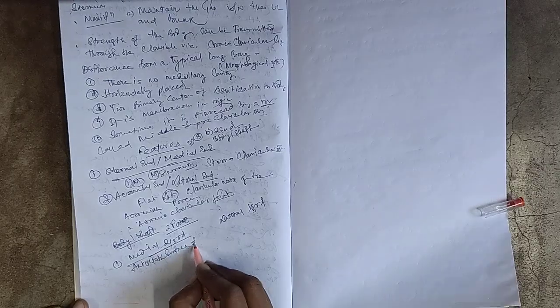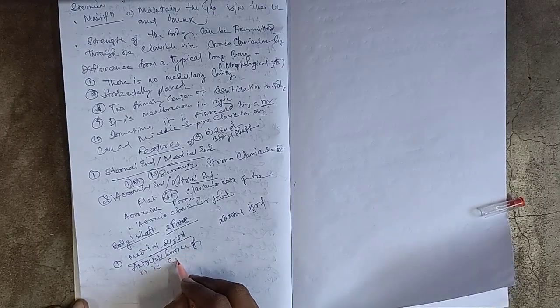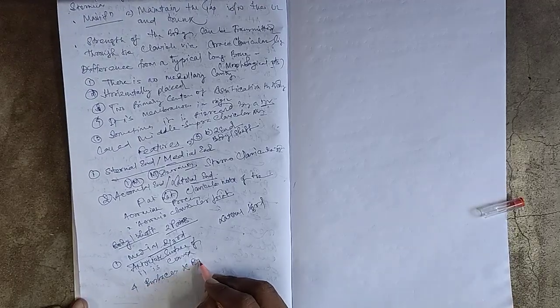In the medial 2/3, the anterior surface is convex, and it has 4 surfaces but no border.